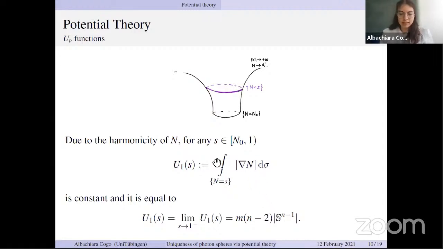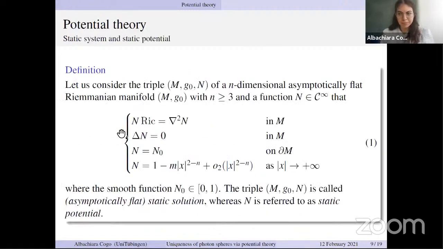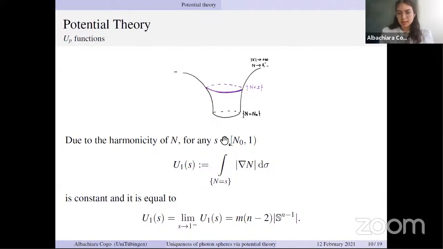And clearly, since by the second static Einstein equation our n is harmonic, this function is constant, so it doesn't depend on the level set we are considering, and it holds for any static system. And it actually has this value, which is the value at infinity, and involves the mass parameter and the volume of the (n-1)-dimensional sphere.